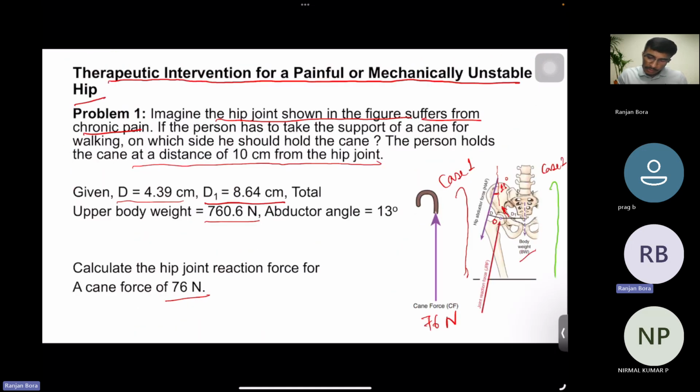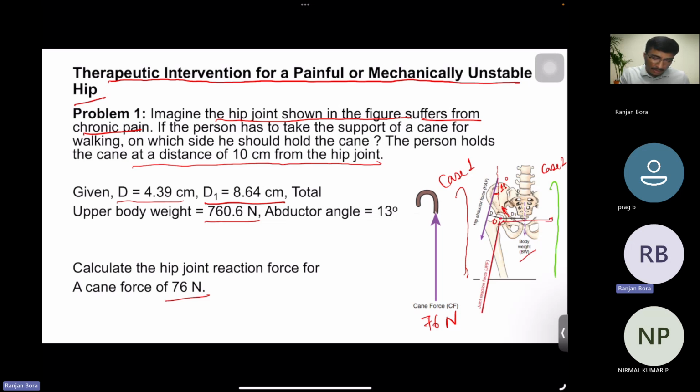If we look into the figure, from the central axis to the left hip joint this distance is D1. So from this hip joint to the opposite side hip joint, this distance will be twice D1.